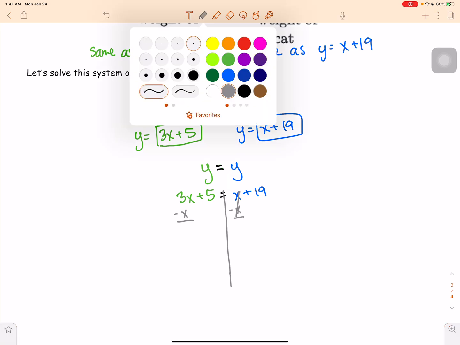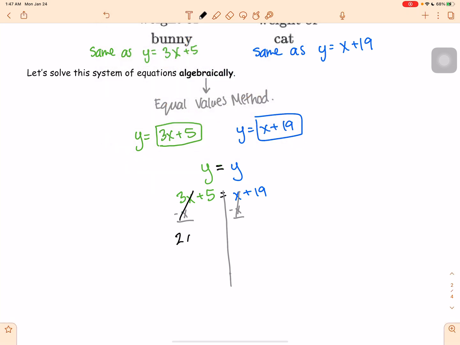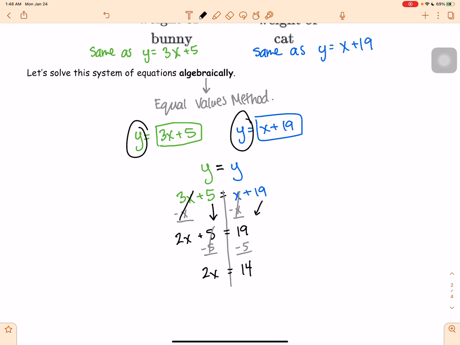So once we do that, we're going to end up with 2x plus 5 equals 19. Just bring these down. Now from there, if we subtract 5 from both sides, we get 2x equals 14. And again, guys, the only reason why we could do this was because they were already both equal to y.